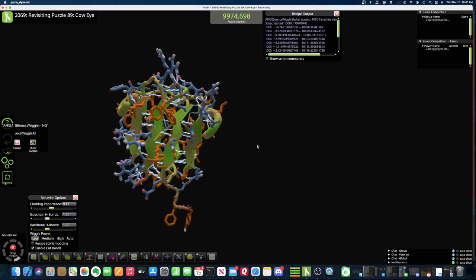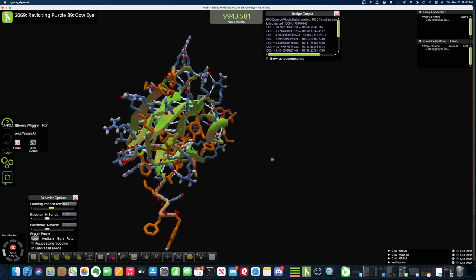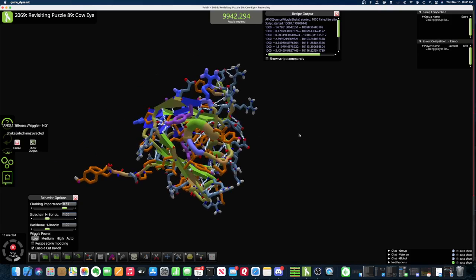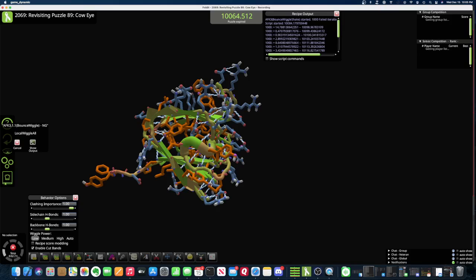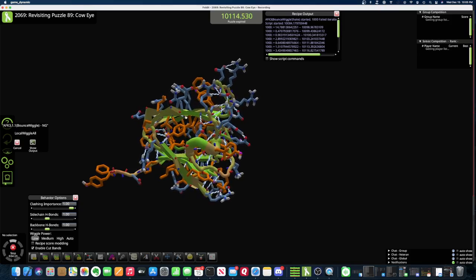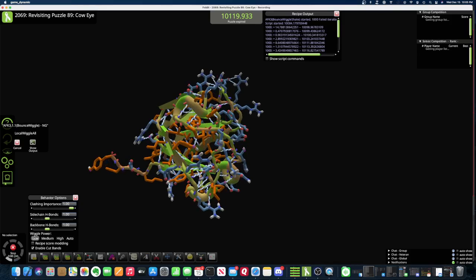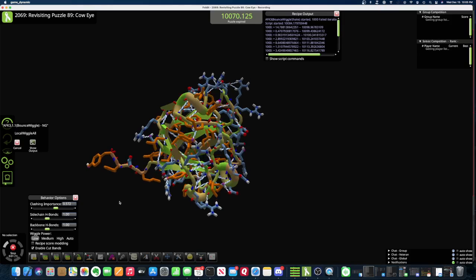But at this point, we've almost reached what I call the end game, kind of in the mid game where we have the basic shape, and what we're doing is getting it into its optimal position with wiggle power on low.